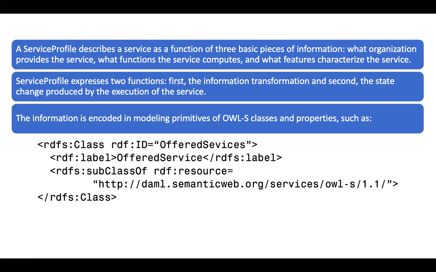The state change produced by the execution of the service results from the precondition and effect properties of the profile. Preconditions present logical conditions that should be satisfied prior to the service being requested. Effects are the result of the successful execution of the service.